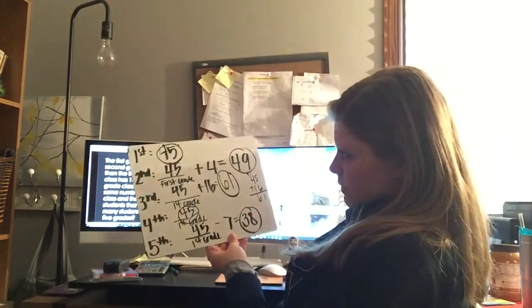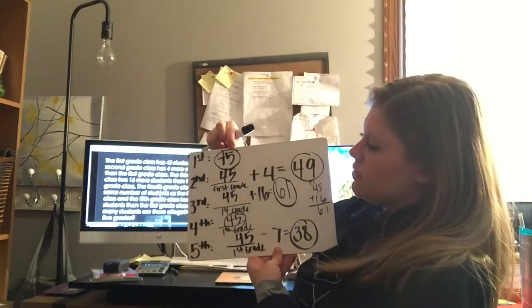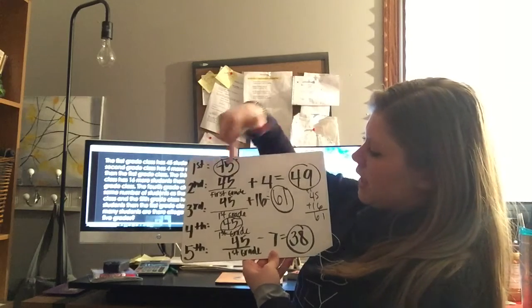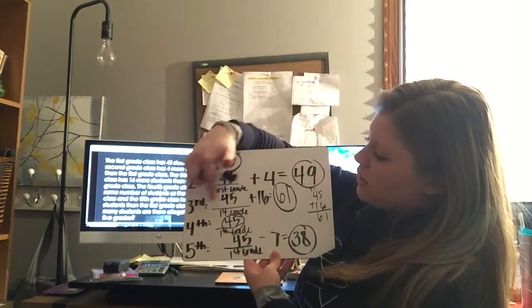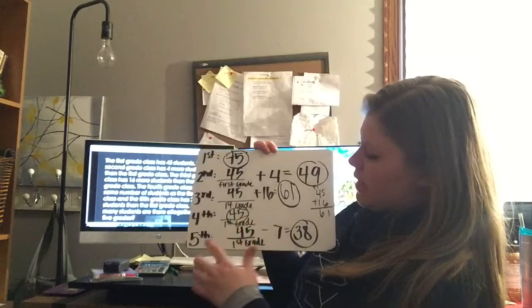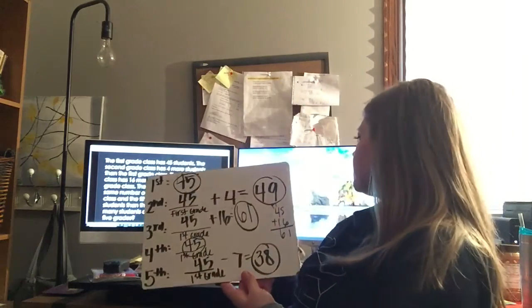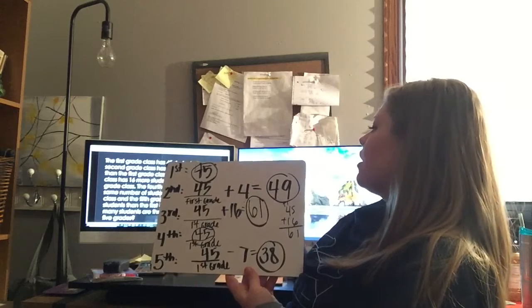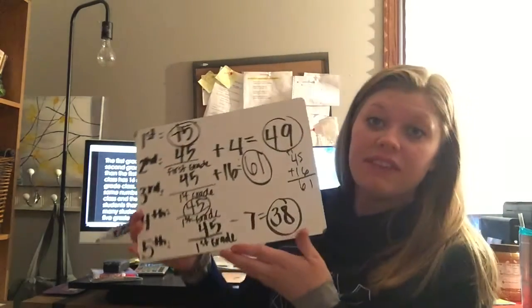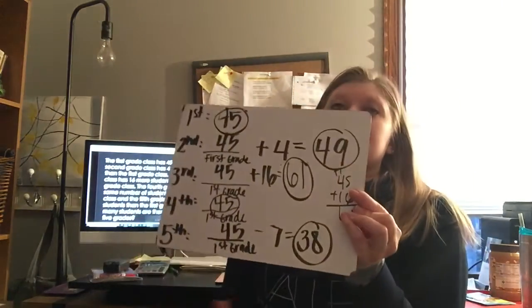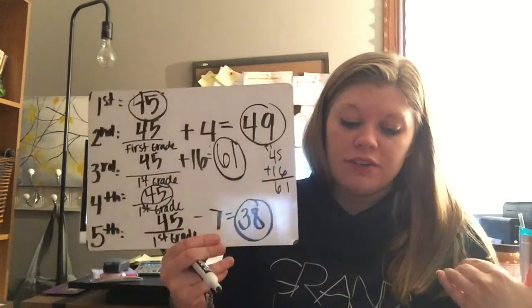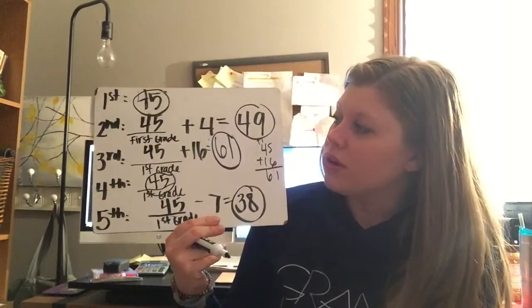So let's take a look at what we know. We know first grade has 45 students, second grade has 49, third grade has 61, fourth grade has 45, and fifth grade has 38. Let's see if we answered the question. How many students are there all together in the 5 grades? So let's think back to our flow chart. Do we know the total?